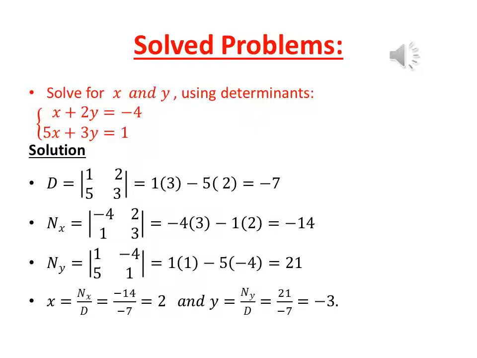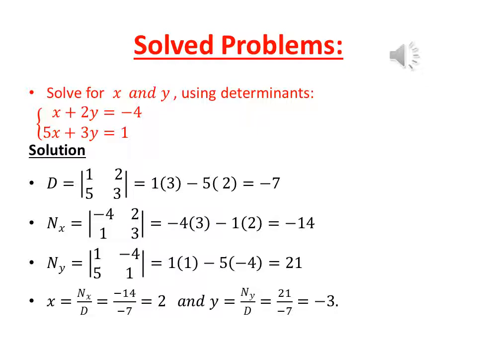First thing, again, what is D? D is the denominator, the determinant of the coefficients of x and y: 1, 2, 5, 3. Get the value, equal negative 7. Second thing, get Nx. Instead of the first column, put the right hand side and get the value. So negative 4, 2, 1, 3, the value is negative 14.